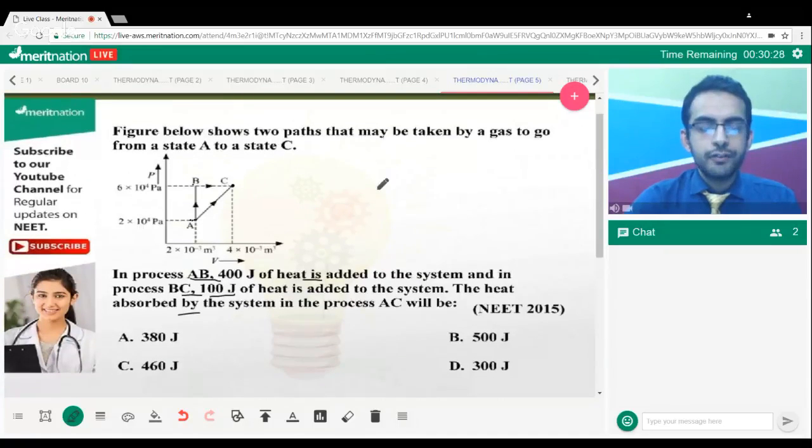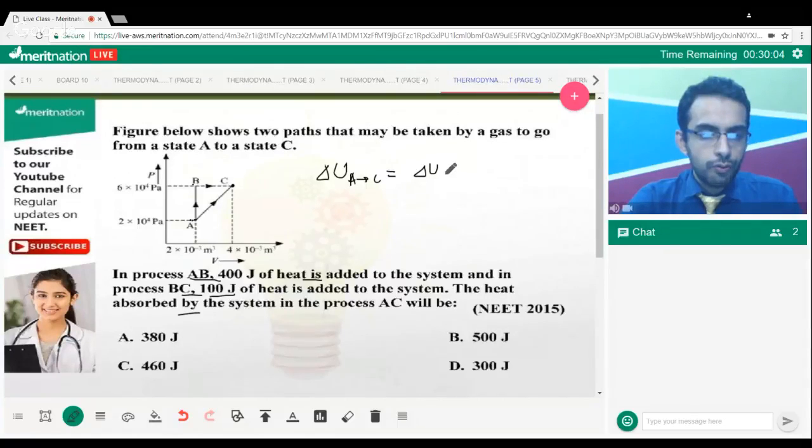The first thing that you should know is that delta U does not depend upon the path. It only depends on initial and the final conditions. So we can say delta U along AC is equal to delta U for AB plus delta U for BC.